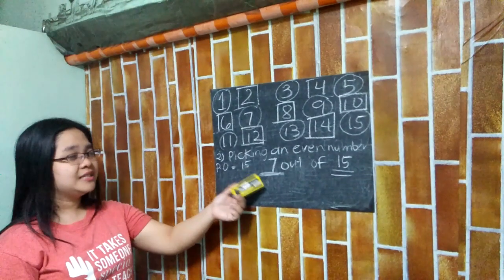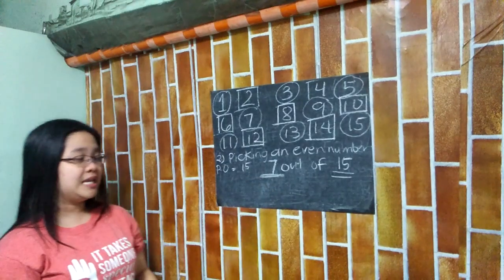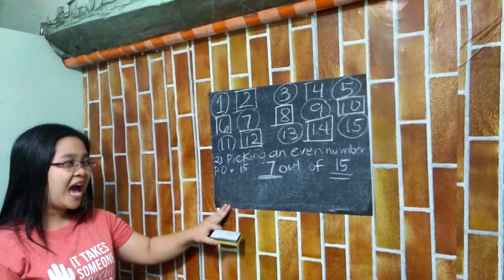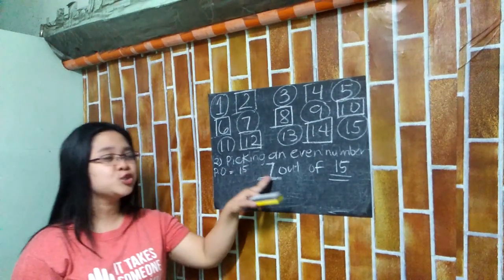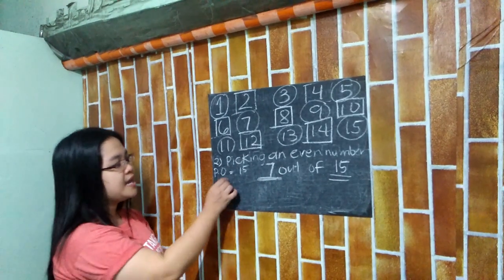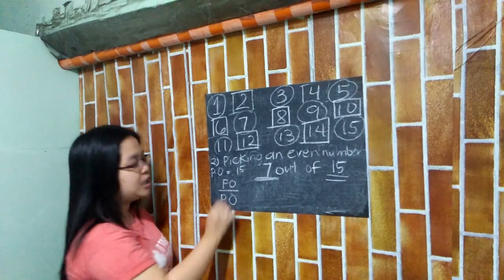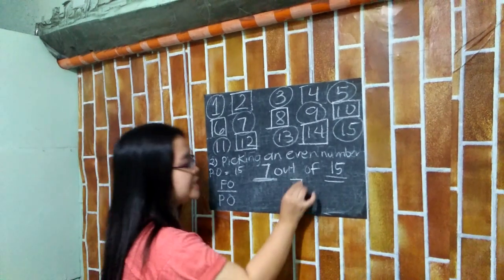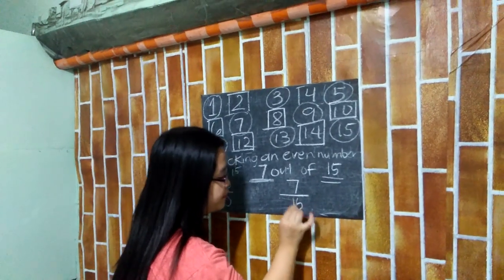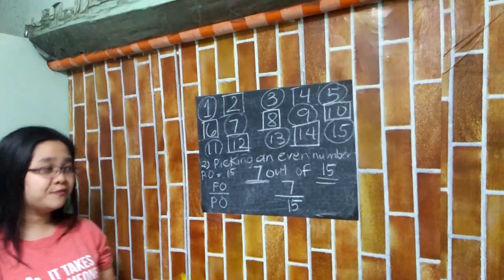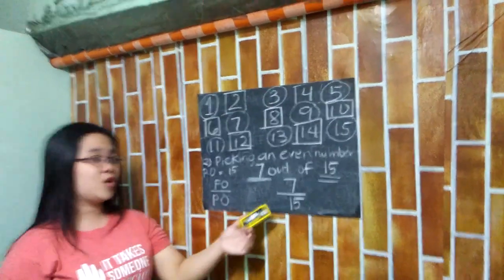Now, let's write this one in probability. What did I say? We have to express this in a fraction form following favorable outcome over possible outcome. So we have 7 over 15. Now, since it's a fraction, we can get its lowest term.